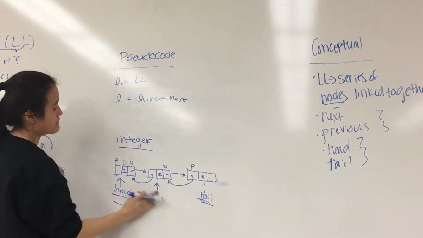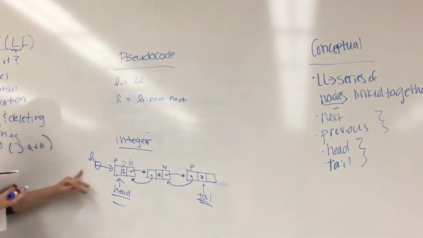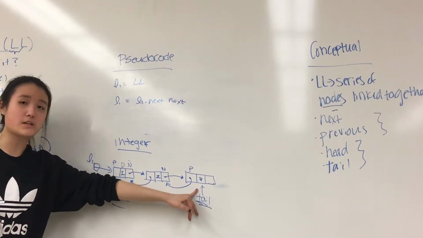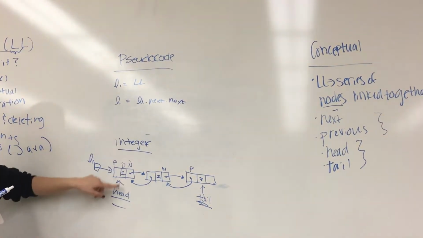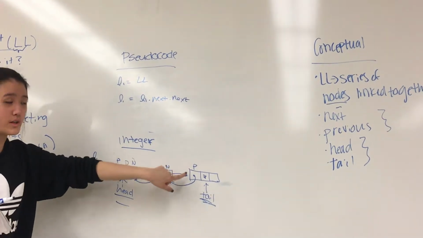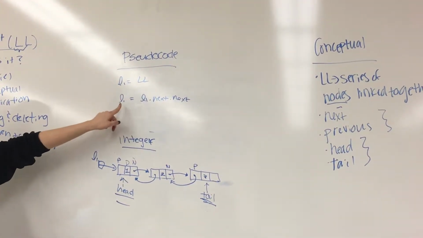dot next, and this is only going to work if it was like this. So if you had L1 starting at the head again, and you wanted it to be reassigned to point at the last node, you would do L1 dot next, so you're currently at this node, and you're assigning that node to this variable called L1.